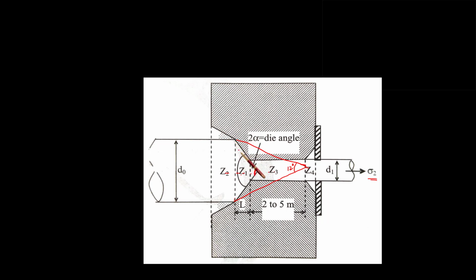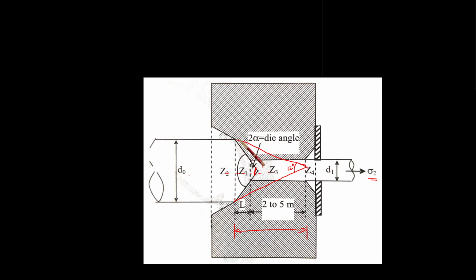Here this thickness is reduced to this thickness; D0 to D1 has been achieved within the length L. But if the 2 alpha or die angle is 12 degree, then D0 to D1 is achieved in this length up to here. So to achieve the same diameter in both cases, it has to travel a long distance.